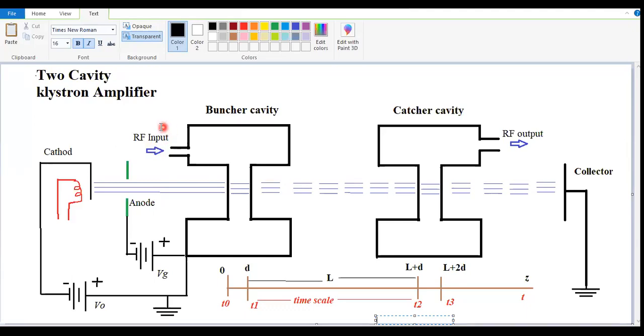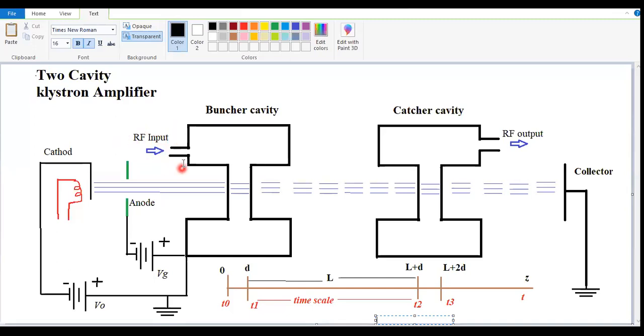So there is a problem, you cannot change this frequency. If it changes, then the positive feedback should be readjusted, and it is a tedious task. So this is the disadvantage of the two cavity klystron.